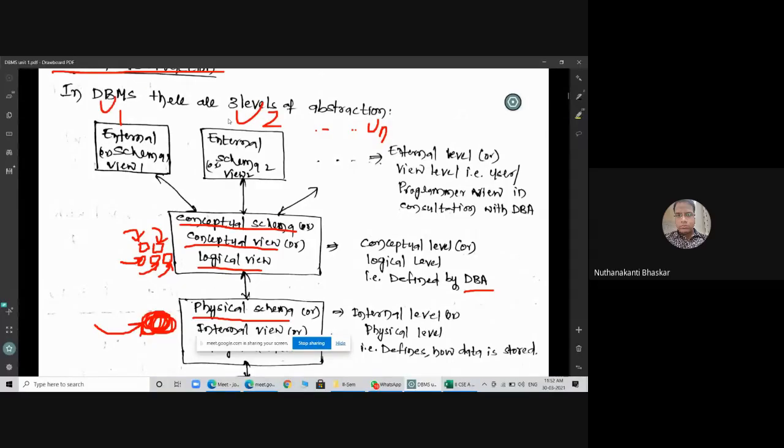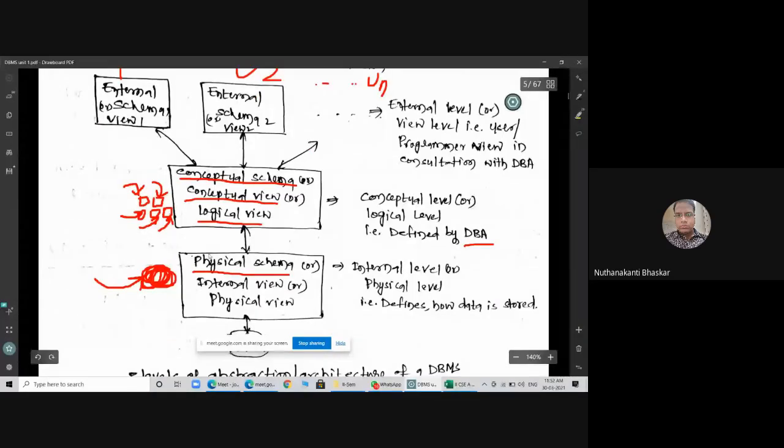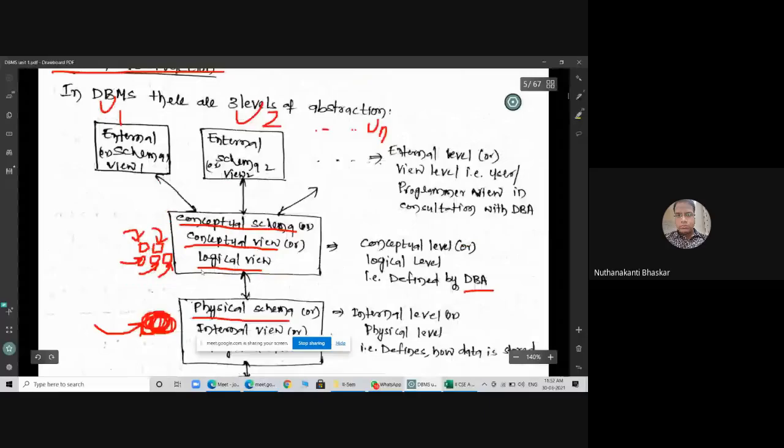Already I told you, for example, if it is a college database, everything will be stored physically. Logically, department-wise, it is categorized by the database administrator. Now, user one, maybe the placement people, wants the students of this particular logical view, only the students whose aggregate is above 80.